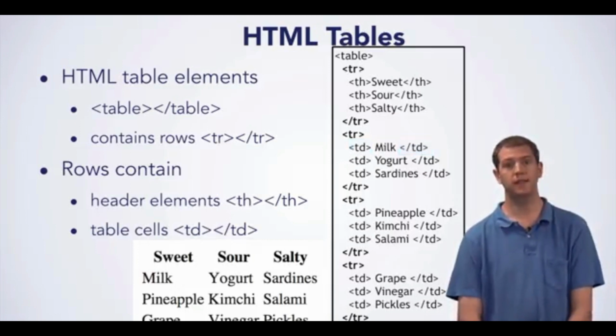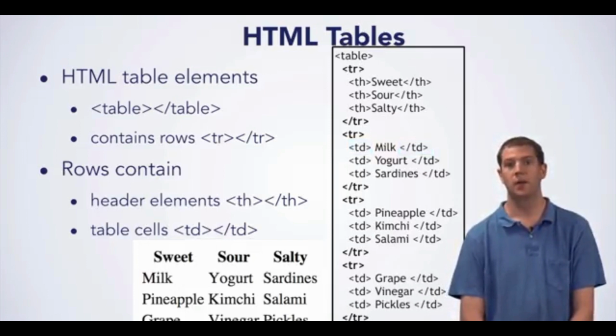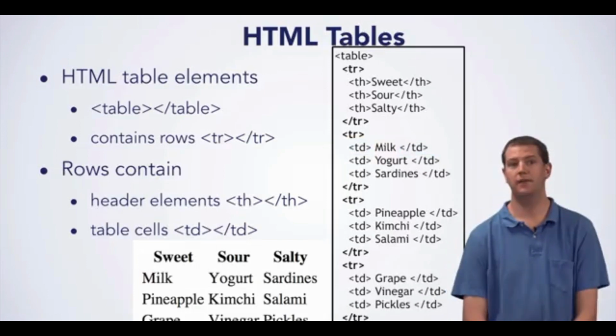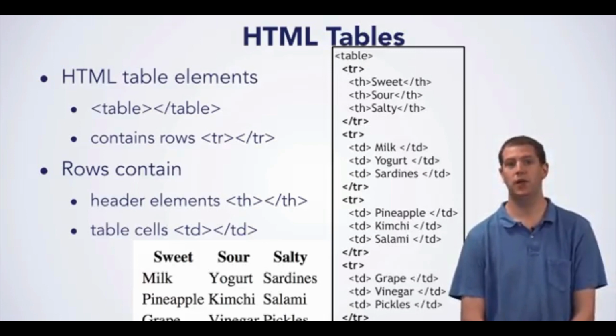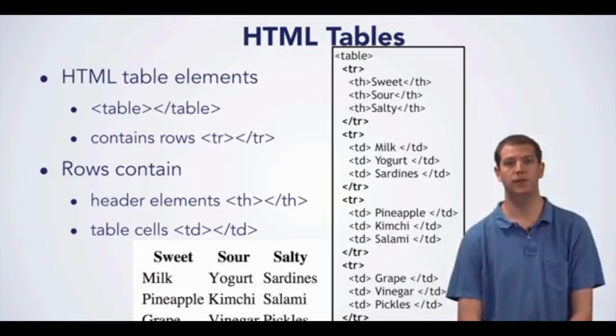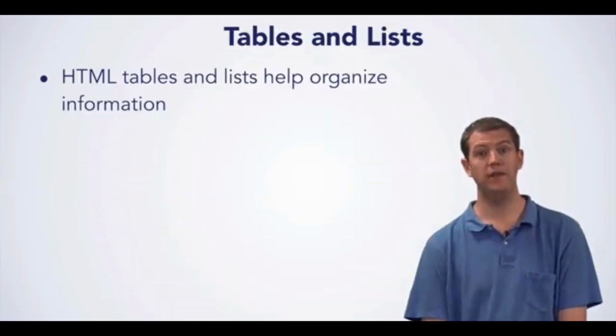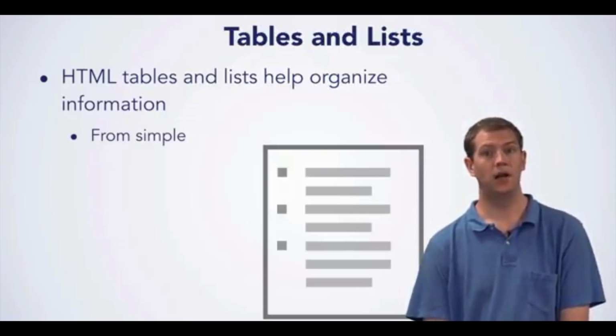We have text inside of our td tags here, but do you think that you could put other things inside of them? Sure, the principle of composition says that you could put images, lists, or a variety of other things in your table if you wanted to. Okay, so now you've seen HTML tables and lists, which let you organize information, from simple to complex.